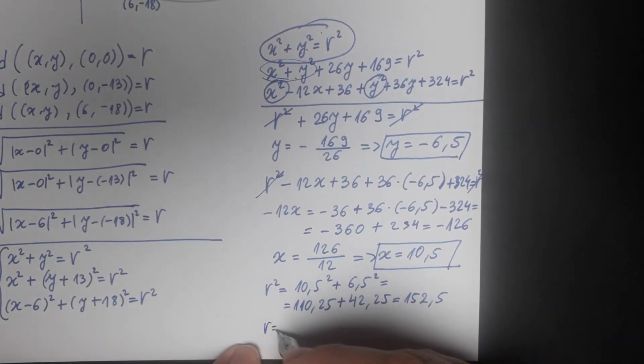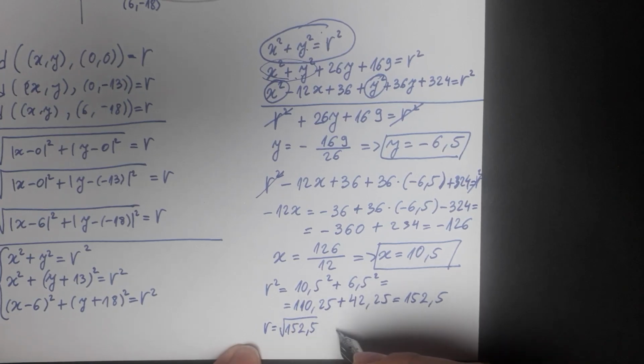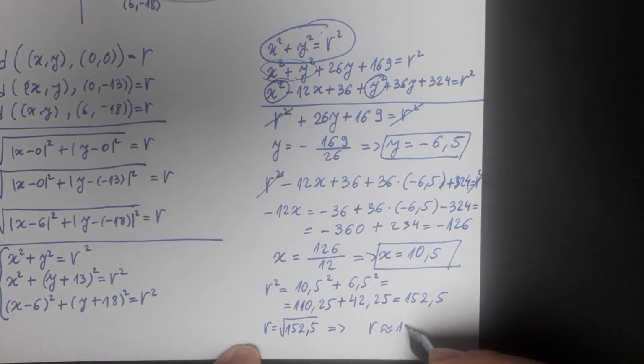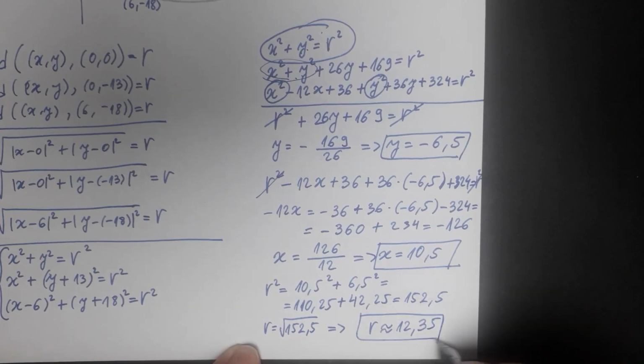Well, r is then equal to the square root of 152.5, and that means that r is approximately 12.35, as we got before.